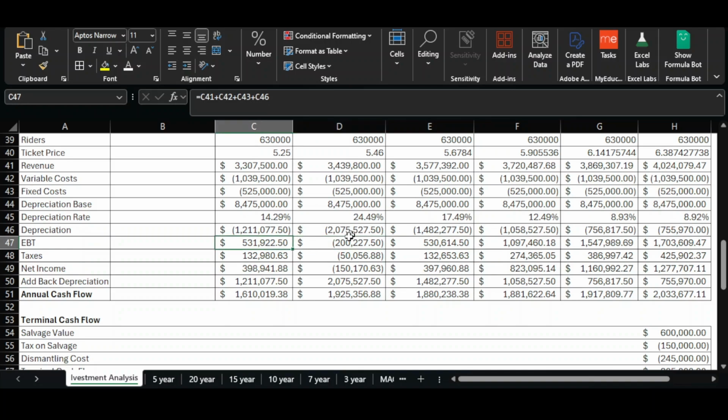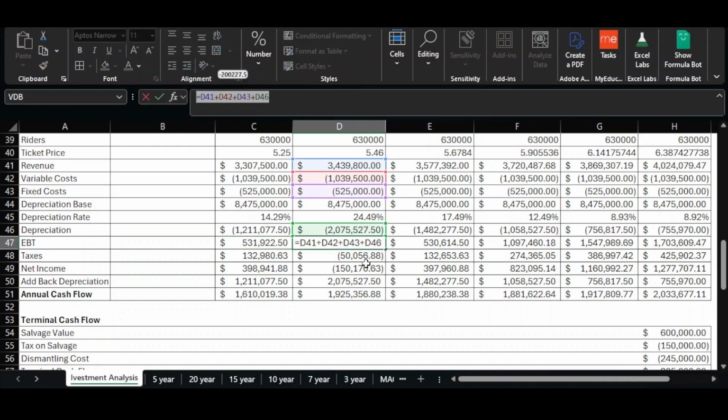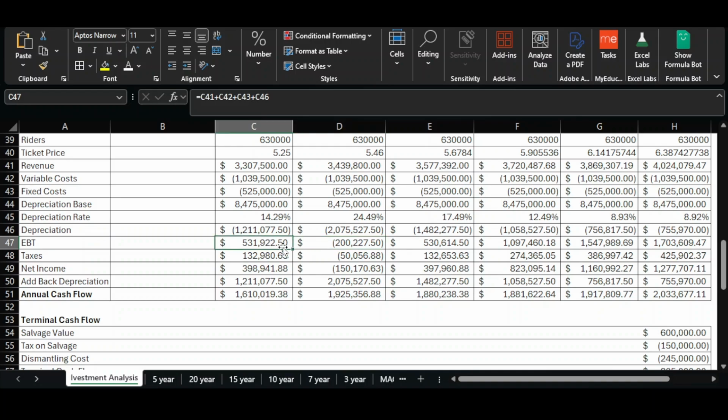If you construct this yourself from scratch, just copy the formula from this model and paste it, and then go here and copy the same formula, or you can simply drag the corner if you started on this cell and entered that formula up here. If you want to apply it all the way to the right, just drag this corner all the way to the right. Or if you have trouble with that, just manually copy the formula cell by cell.